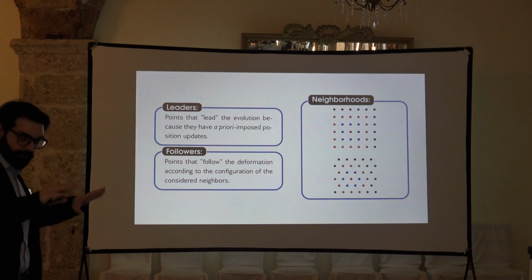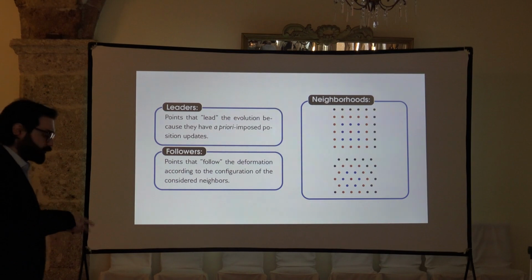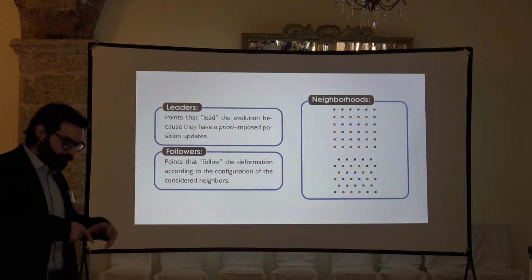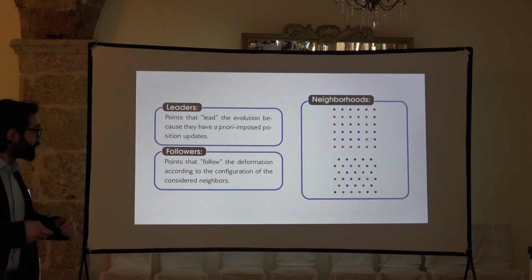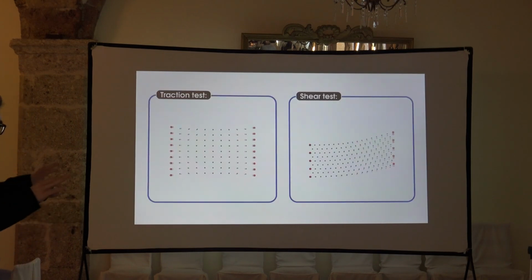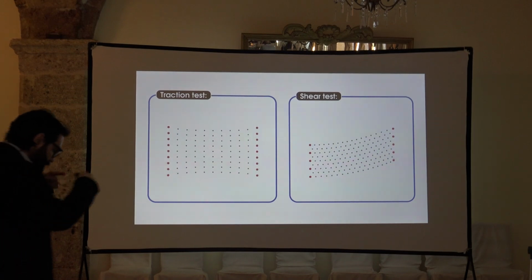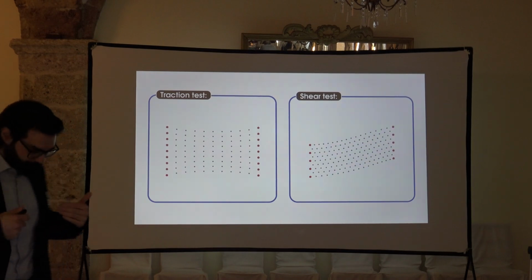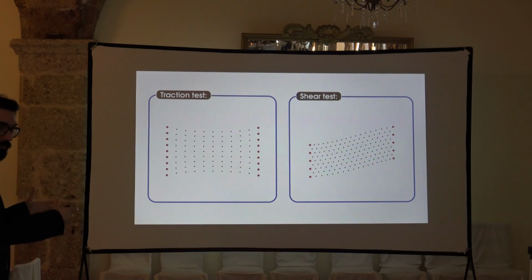The followers instead adapt their position to their neighbors. Maybe among their neighbors there are the leaders. So you move the leaders, and you see that the followers follow the leaders, and in a global perspective, you see the deformation.